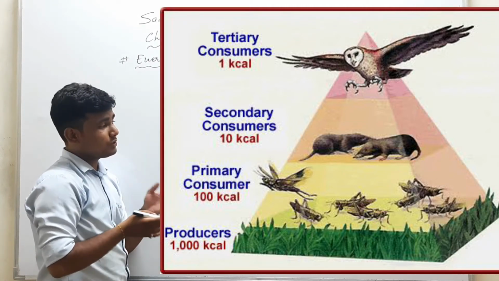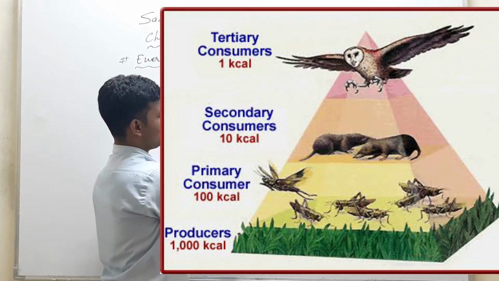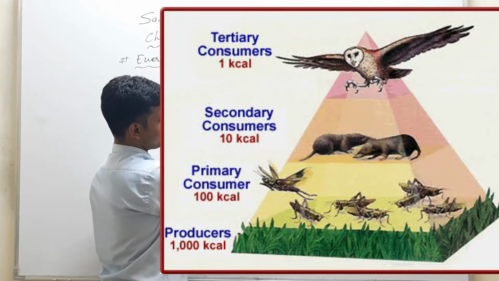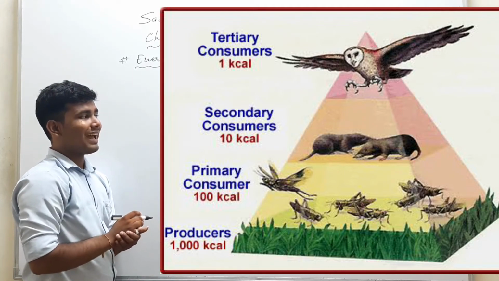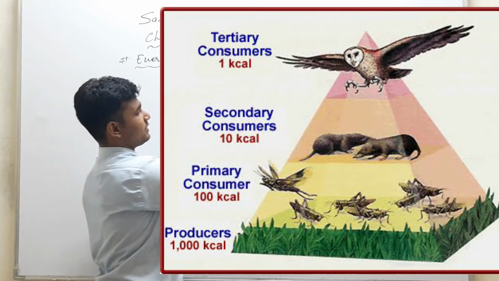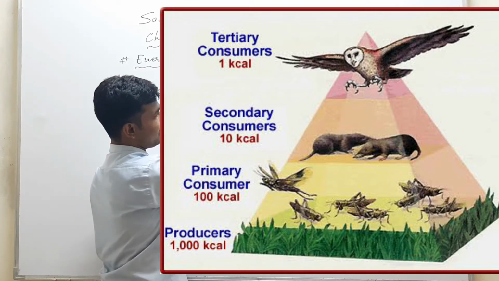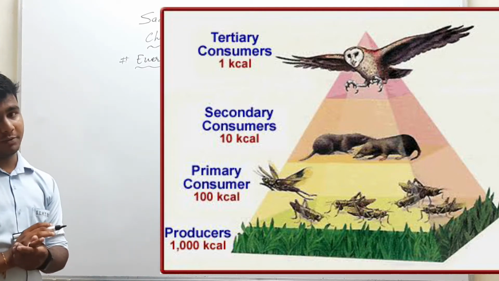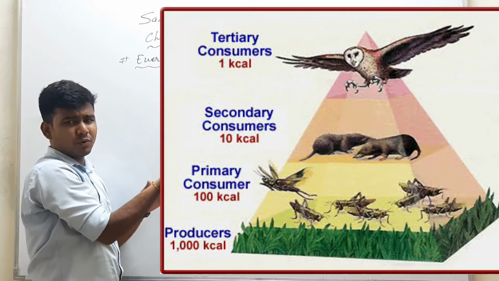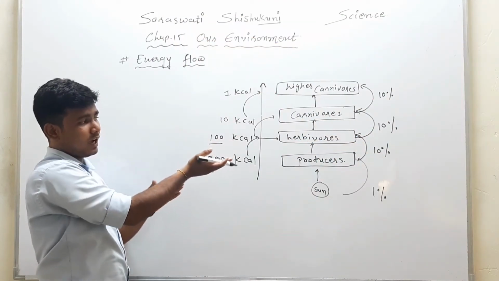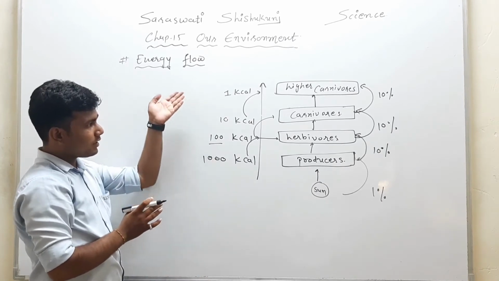Herbivores will also use the energy for life processes, and they will transfer only 10% of 100 kilocalorie, that is 10 kilocalorie, to the next trophic level of carnivores. And carnivores will also use it, and they will send only 10%, which is only 1 kilocalorie, to the higher carnivores. So this way, only 10% of the energy accumulates at the next trophic level in our trophic chart.